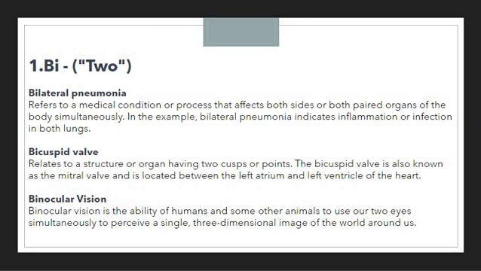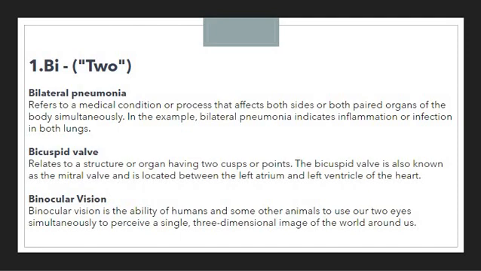That's why we use the prefix bi, because it sounds like a sense of two. Bilateral pneumonia indicates inflammation or infection in both lungs of the body.